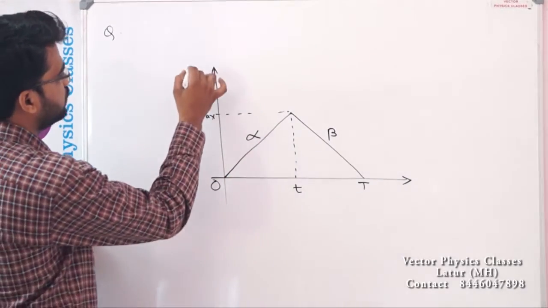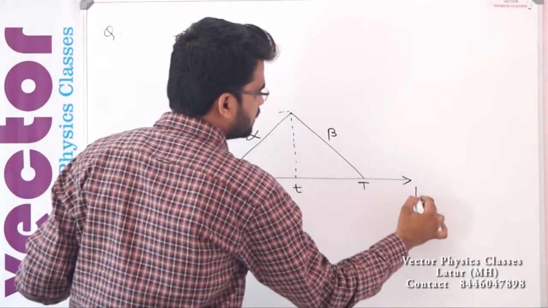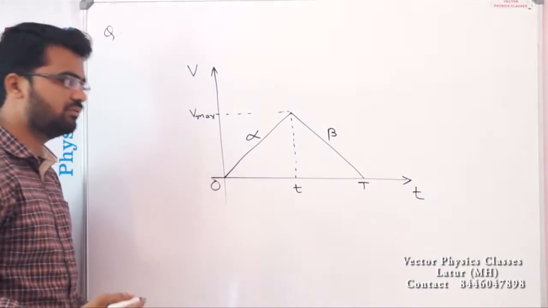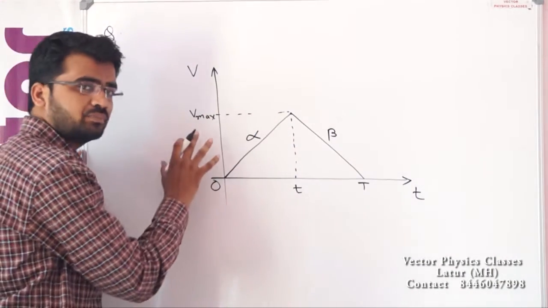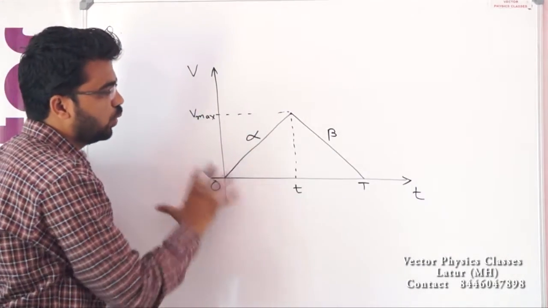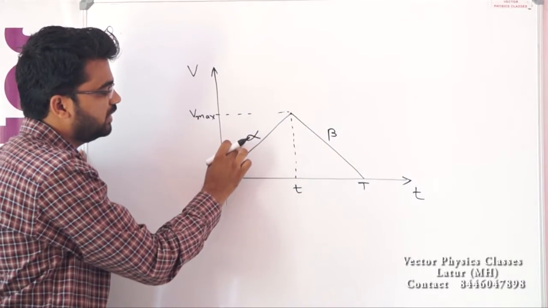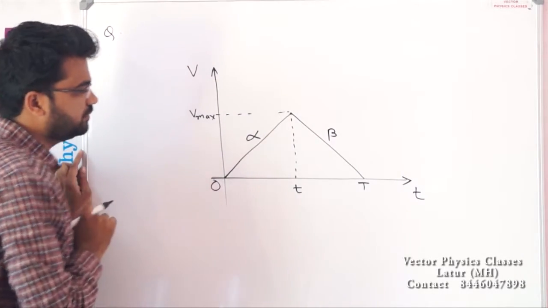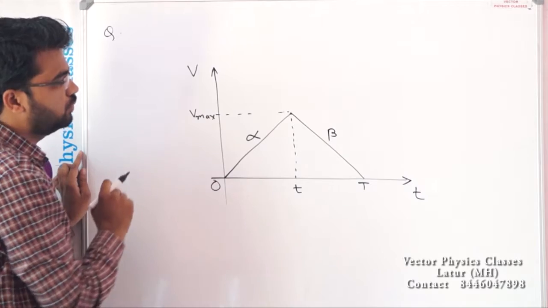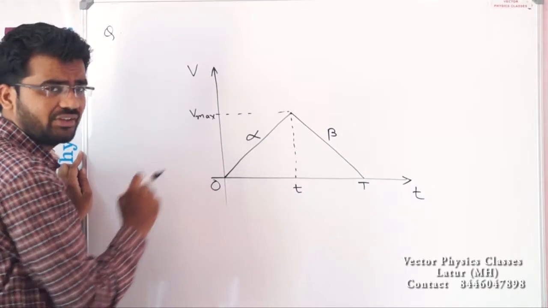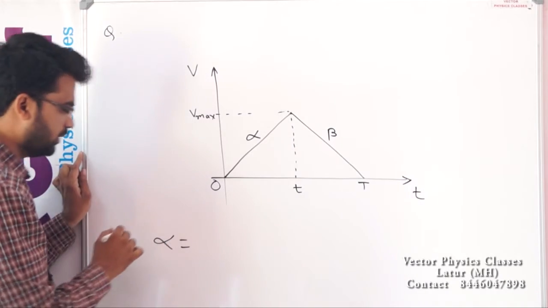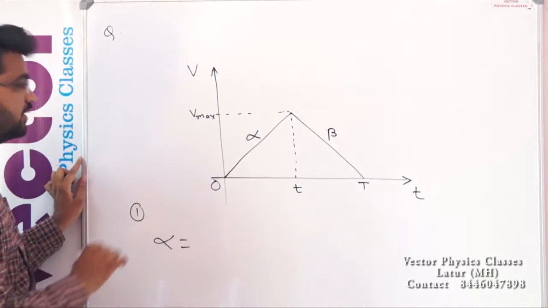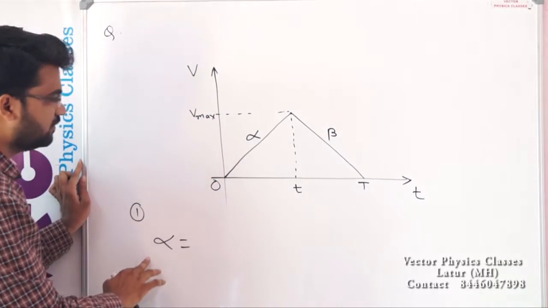Okay, so this is the velocity versus time graph, right? The approach is very simple. You have to find the slope. So the slope of this graph gives you what? Acceleration. So alpha, the first step is to find the slope, that is alpha.